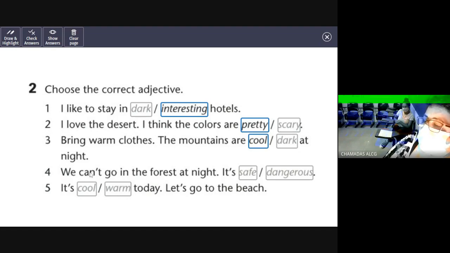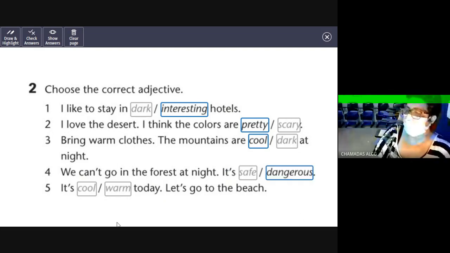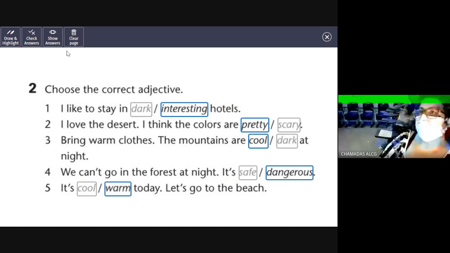So we can't go in the forest at night. It's dangerous. Yes. And finally, it's warm. Okay.